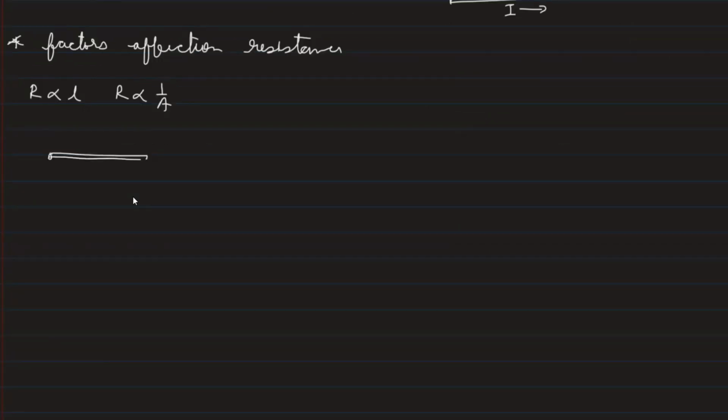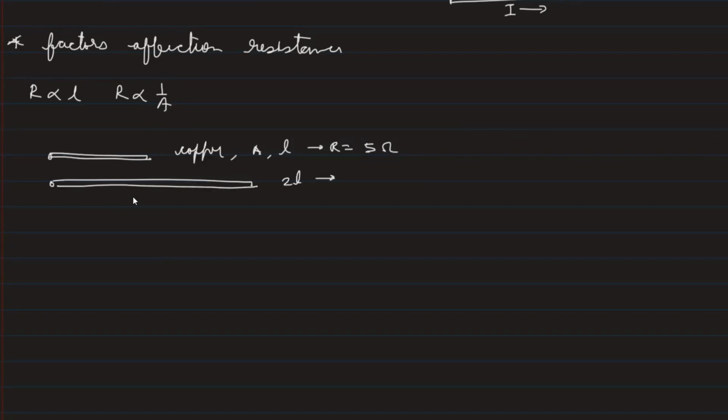If you have a wire, say of copper, of a given thickness and a given length, and its resistance is 5 ohms. So if you take another wire, same thickness, same material, but the length is 2L, then the resistance will be 2 times 5, that will be 10 ohm. Okay, so remember, this is one wire and this is another wire of double the length.